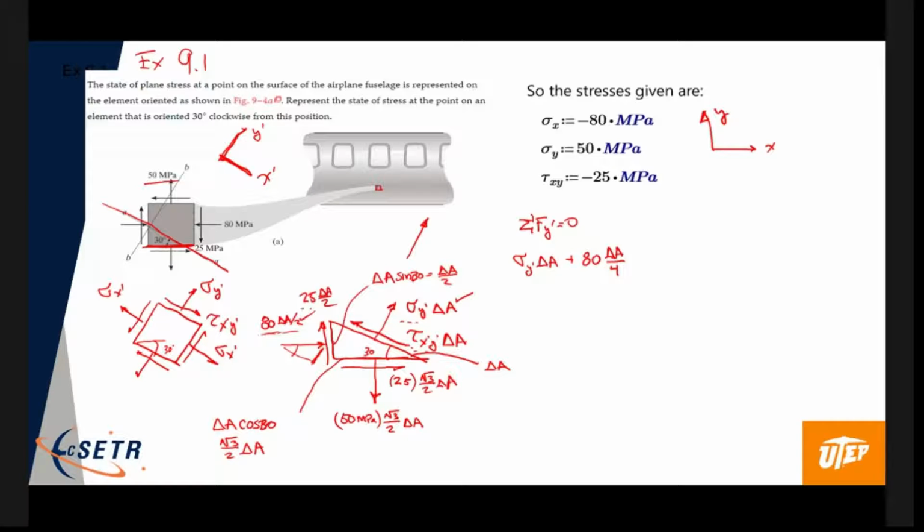Now let's do this component. It's going to have a component in the y prime direction. It's there, right? And this is where it gets a little harder to see. This is the 30-degree angle there, right? So this is a cosine component, and it's acting in the positive y prime direction.